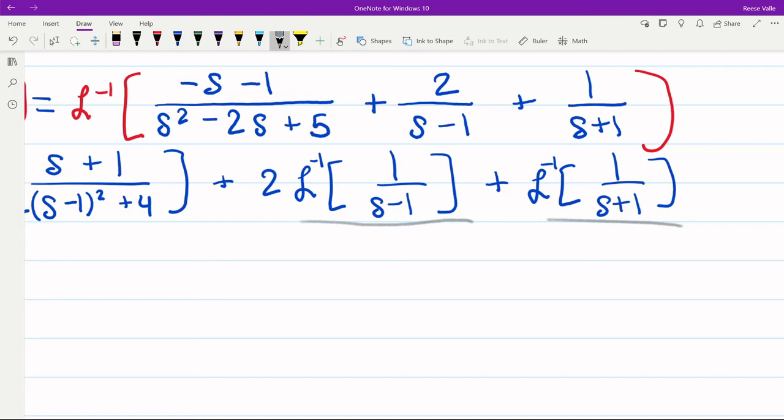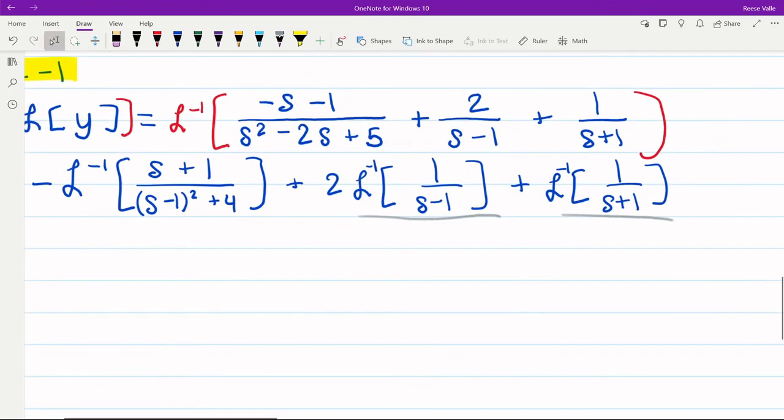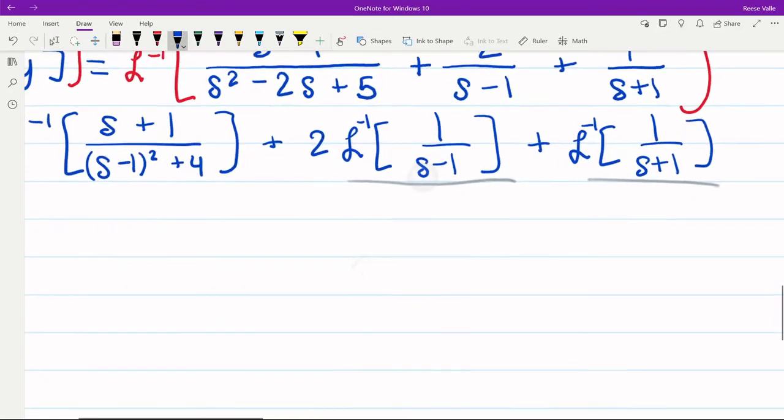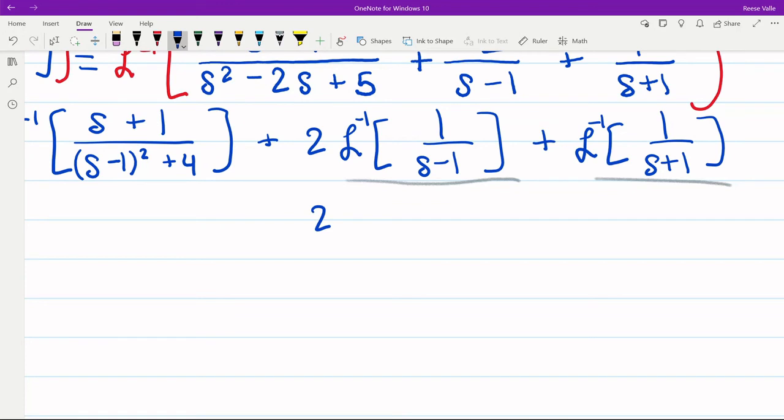They're formulas you memorize or that you can just look at in your notes.